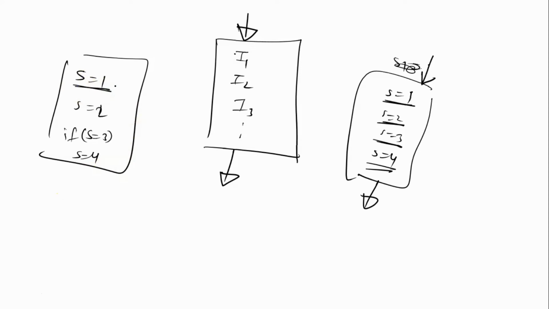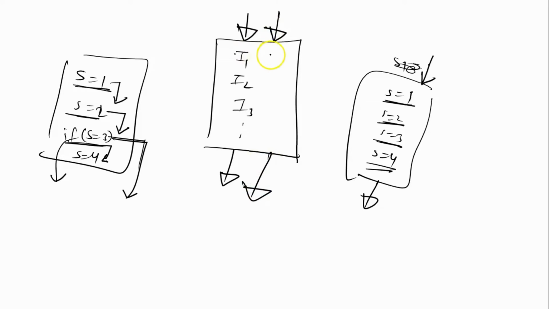You can guarantee that from this statement you will go to the next statement, but from the if statement either you can go to the next statement or you can go out. So from the middle of the block you can go out. So this is not a basic block. A basic block means a sequence of instructions such that your flow will enter here and exit here, so you can guarantee that these instructions will execute sequentially without any jumps in the middle.